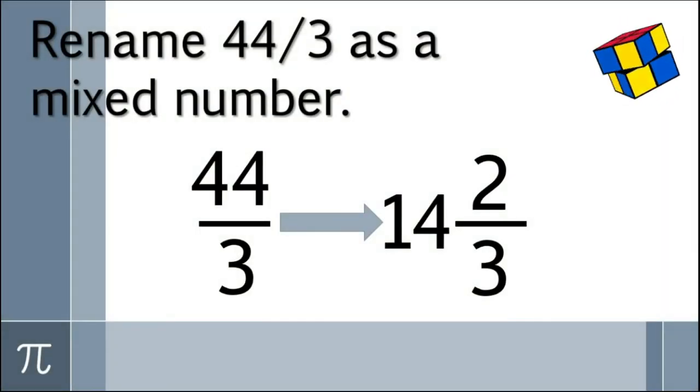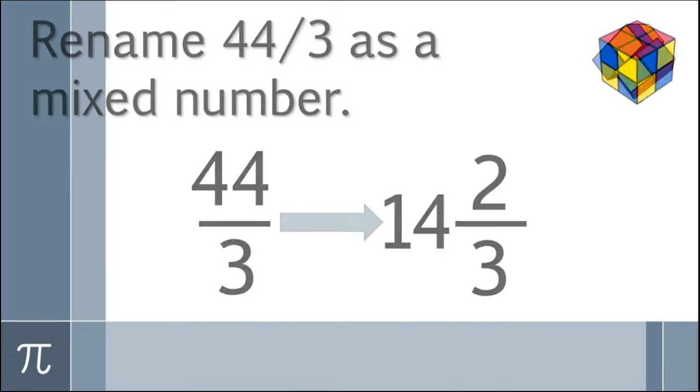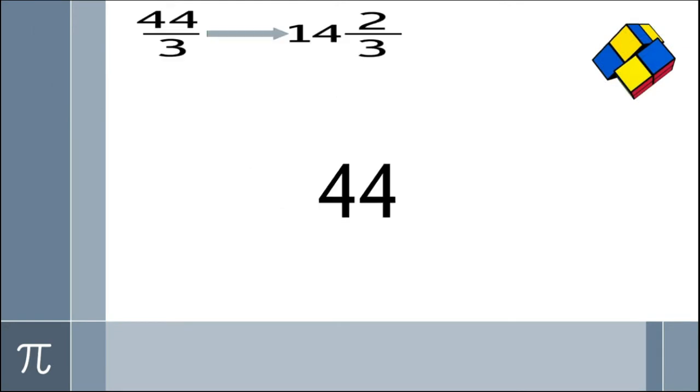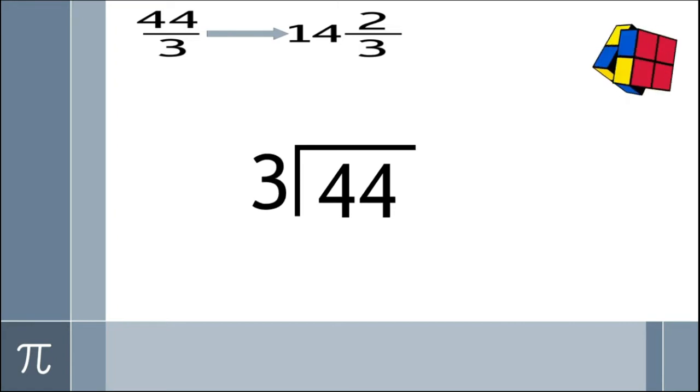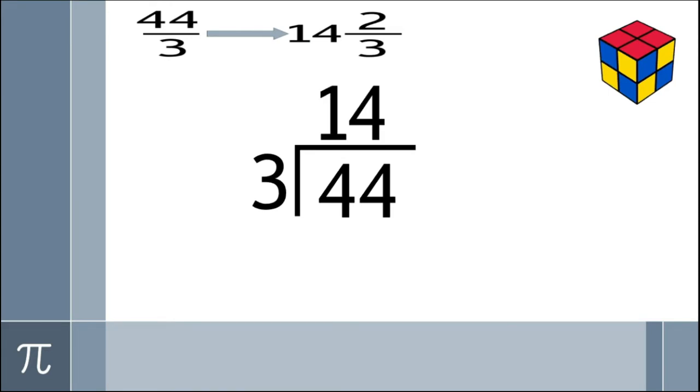Another example. Rename 44/3 as a mixed number. So, in 44/3, magiging 14 and 2/3. Then, 44, numerator, divided by 3, yung denominator. Ilang 3 mayroon sa 44? 14. So, 14 times 3 is equal to 42.